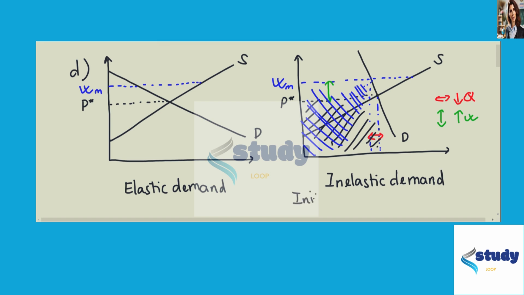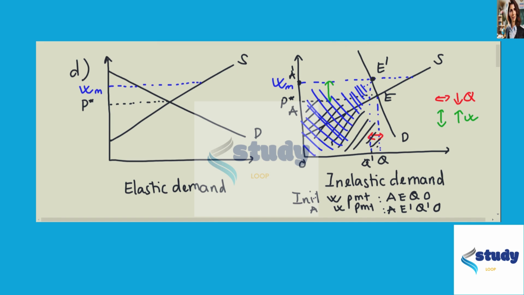So the initial wage payment is A, E, Q, O. And the after wage payment, we have A prime comes from here, E prime, Q prime, and O. Alright, so those are the two areas we are comparing.